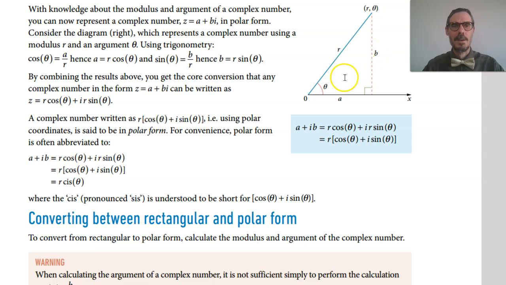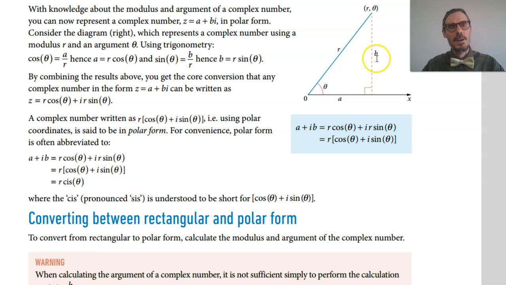If you're not sure of that, write out what cos and sine are in terms of opposite and adjacent over hypotenuse and convince yourself of that. It's important you get that right. A here is r cos theta, cos because it's adjacent. B is r sine theta, sine because it's opposite the angle.